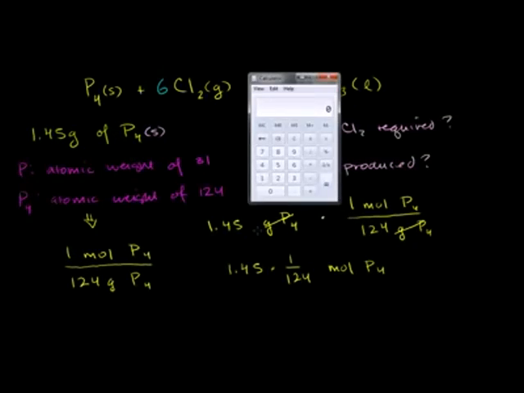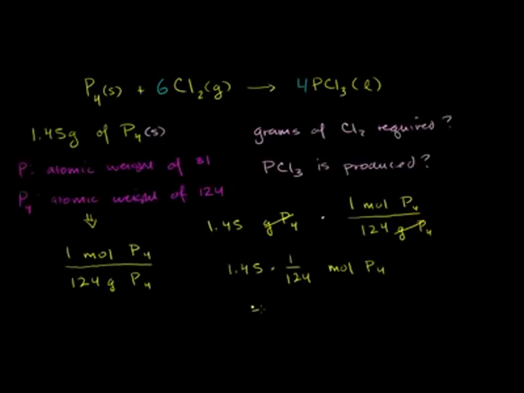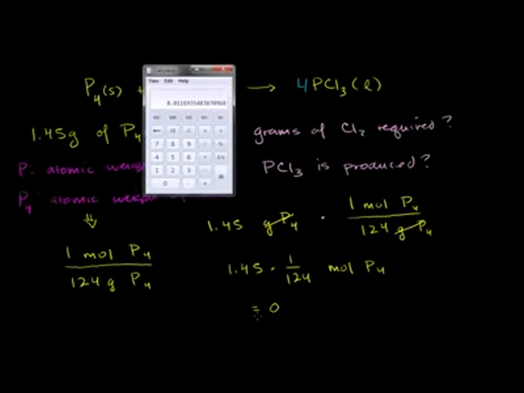Let's get our calculator out. 1.45 divided by 124, that's the same thing as multiplying by 1 over 124, is equal to, I'll just round it, 0.0117.